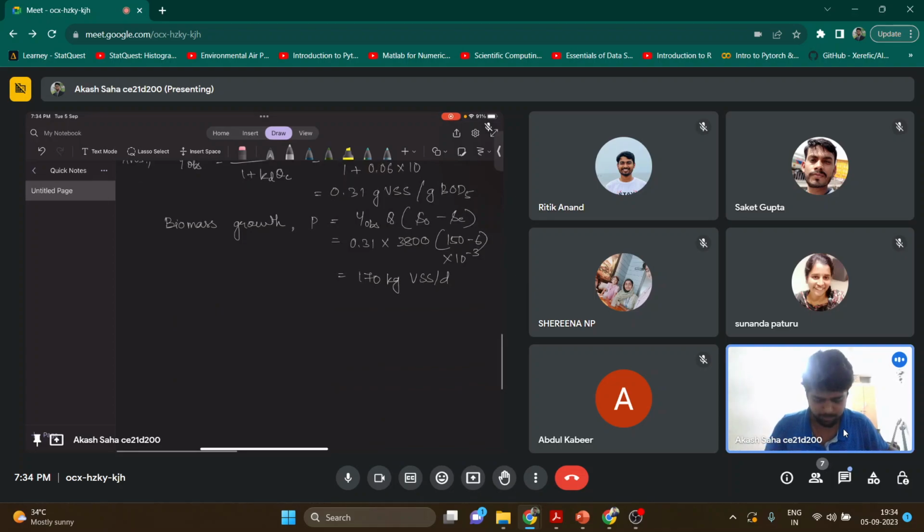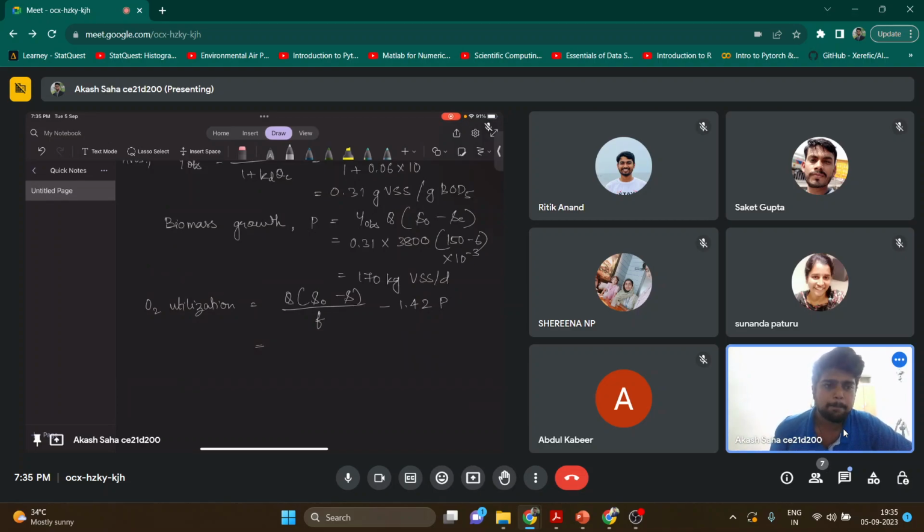So this was my biomass growth. So now, what will be my O2 utilization rate? It will be simply Q into S naught minus S by the ratio, minus 1.42 into P. So why this minus 1.42 into P?